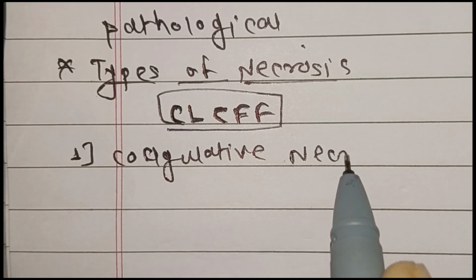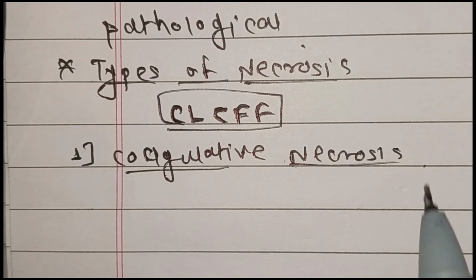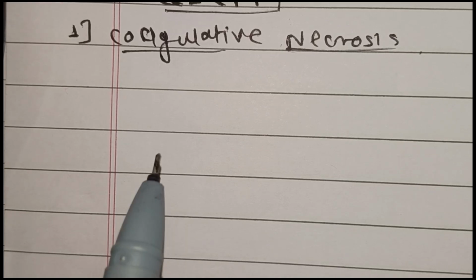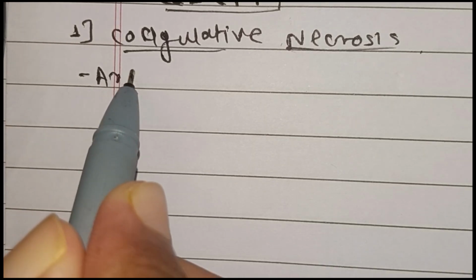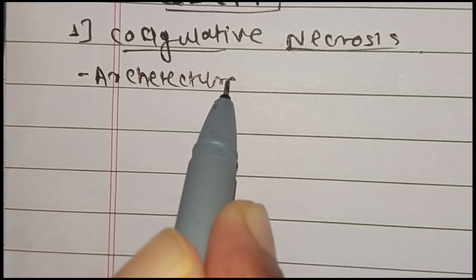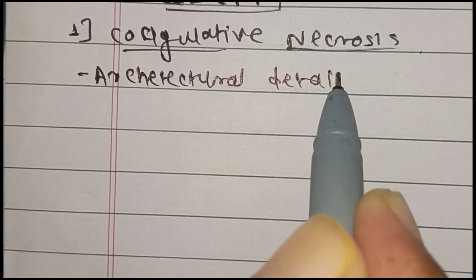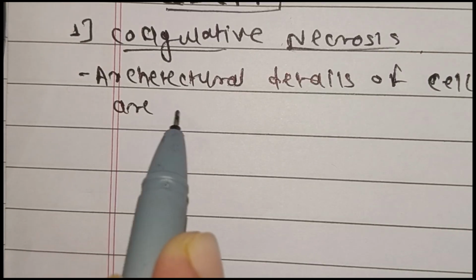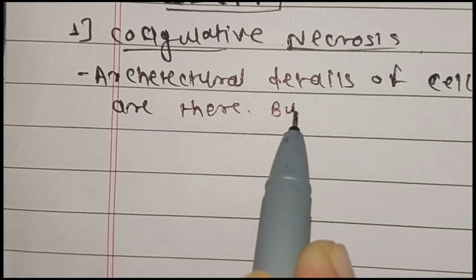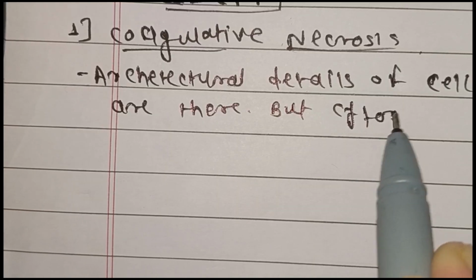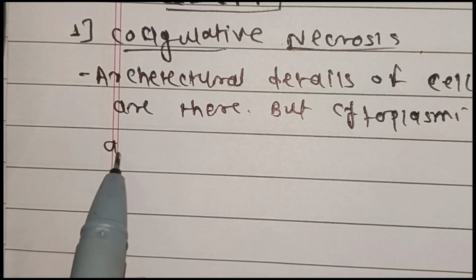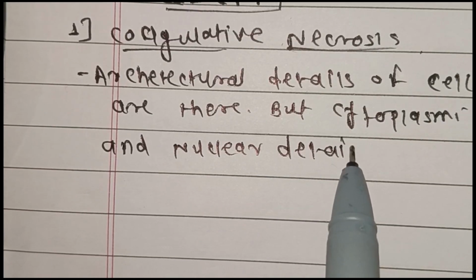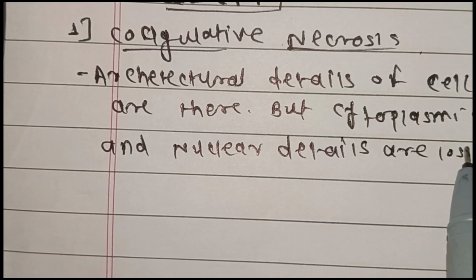Coagulative necrosis. So in coagulative necrosis, architectural details of cells are there, but cytoplasmic and nuclear details are lost.